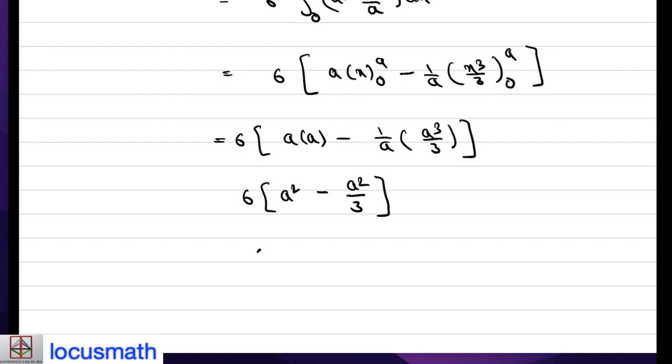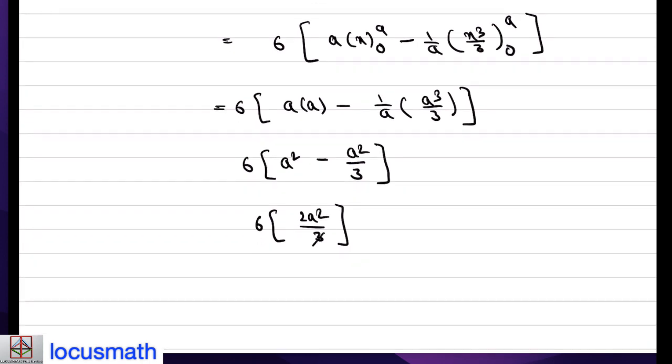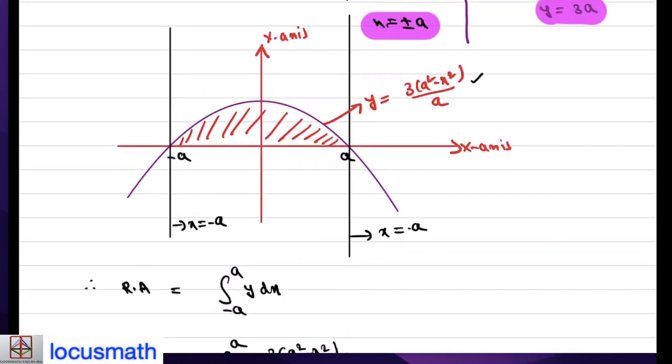This equals 6 times 2a squared by 3, that is 2 times 2a squared, therefore 4a squared square units. So the required area is 4a squared square units. This is the shaded area.